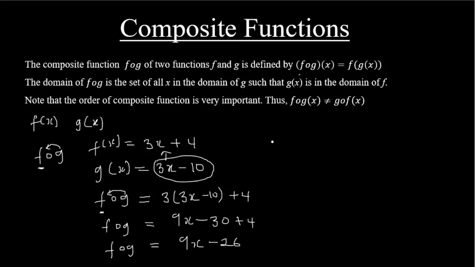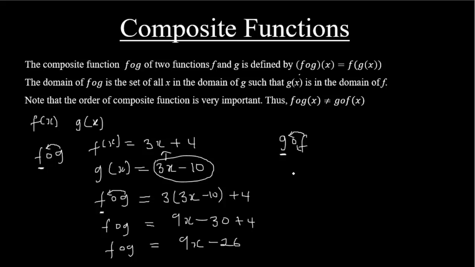Now let's look at it in this way: the function g of f. This one also means that we are going to replace x with the whole of function f in g. Wherever we see x in the function g, we replace it with the whole function f. So now the function f becomes the domain of g.